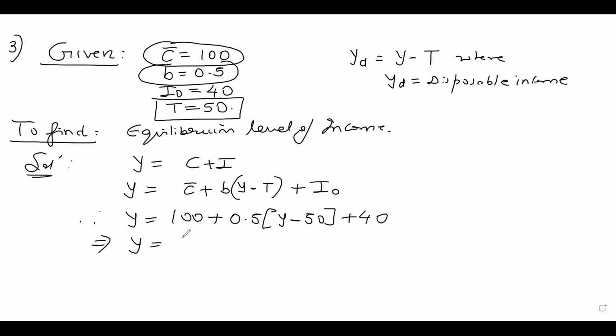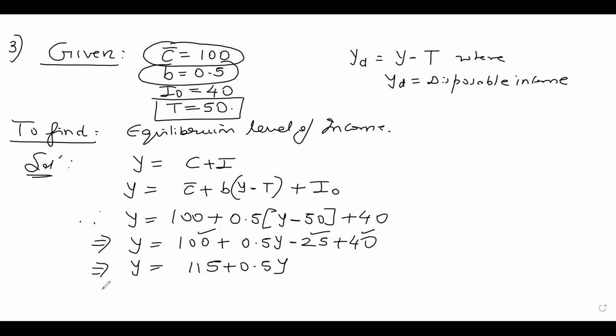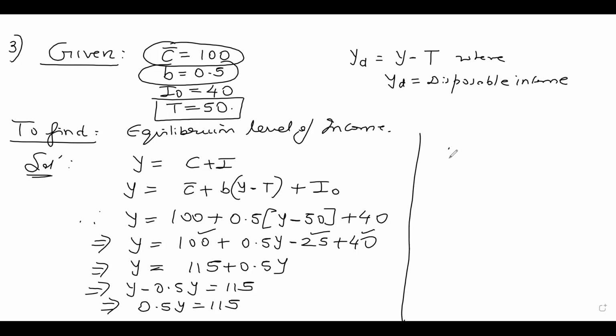So this implies Y is equal to 100 plus 0.5 Y minus 25 plus 40, which implies Y is equal to 100 plus 40 is 140. 140 minus 25 is 115 plus 0.5 Y, which implies Y minus 0.5 Y is equal to 115, which implies 0.5 Y is equal to 115. Therefore, my equilibrium level of income Y star will be 115 upon 0.5, which is 115 by 5 into 10.